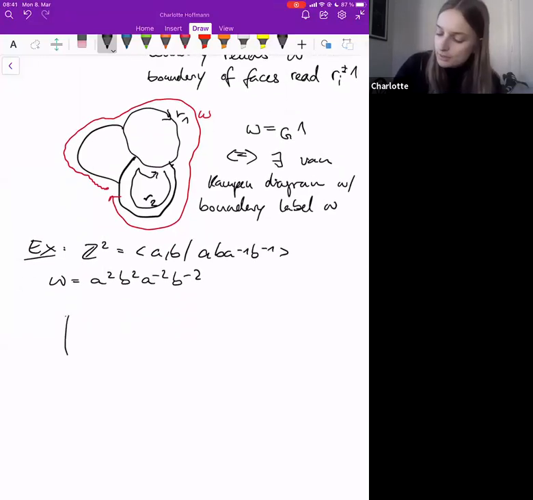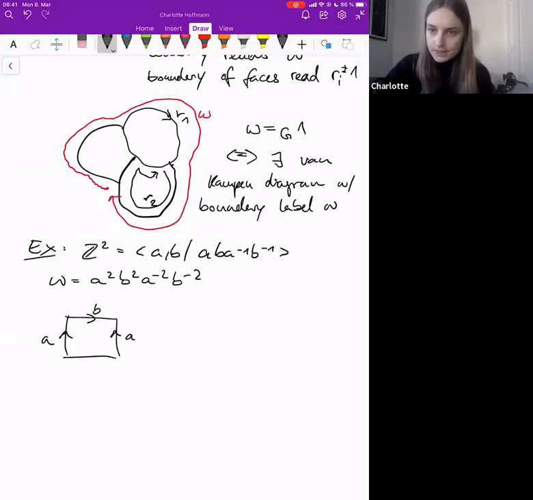So I start with some face that has to be labeled by the relator. So I label it a, b, and then a⁻¹, which I denote by this arrow pointing in the other direction now, and then b⁻¹. Okay, and then I can just attach the same faces like this.